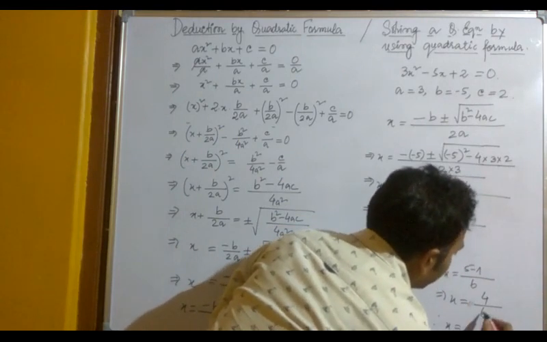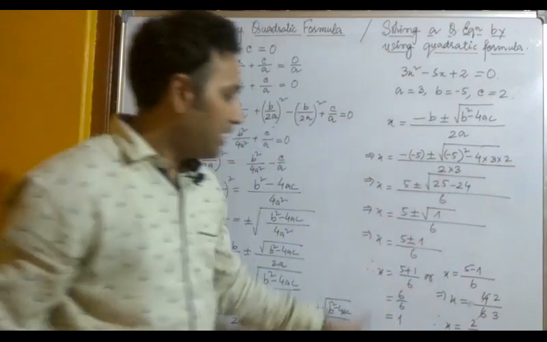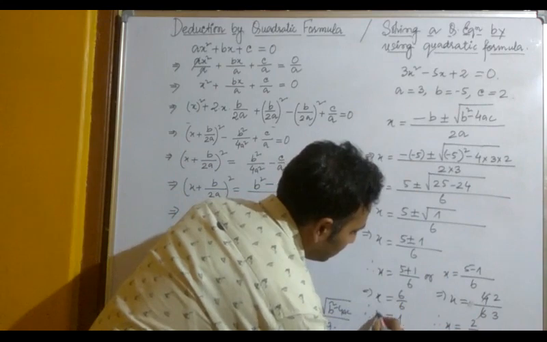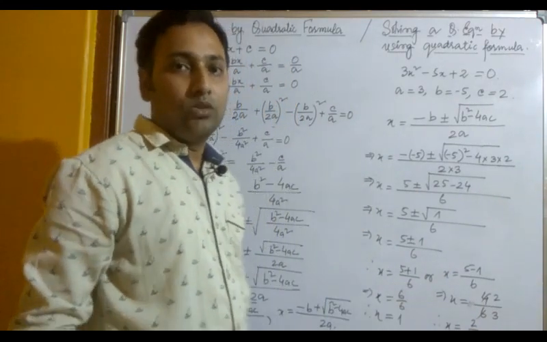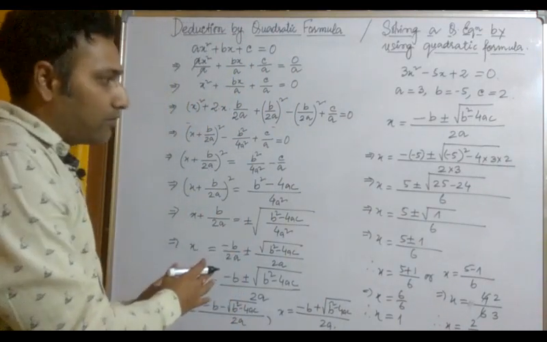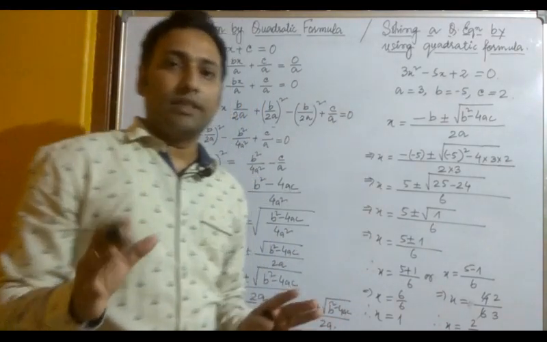Therefore x is equal to, if you cancel you will get 2 by 3. So finally we got x is equal to 1 and x is equal to 2 by 3. So this is how we have to use the quadratic formula in any quadratic equation and solve it.